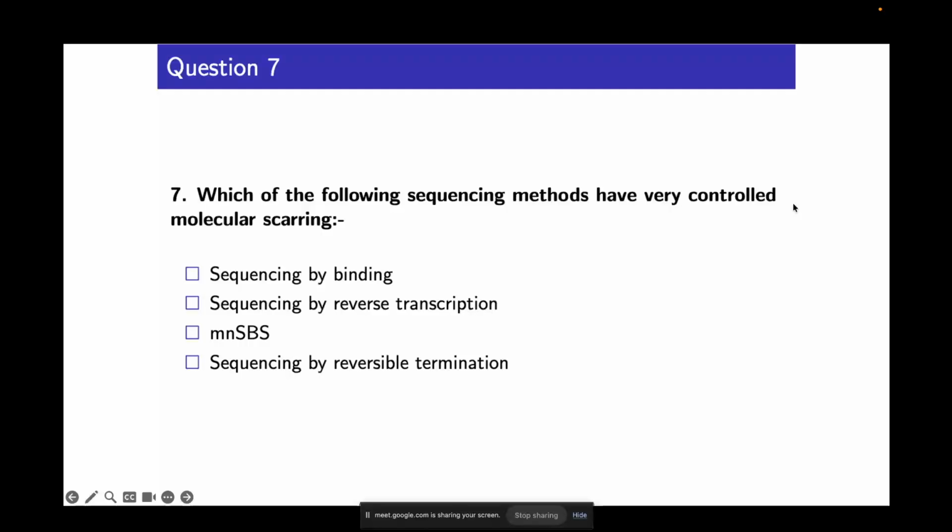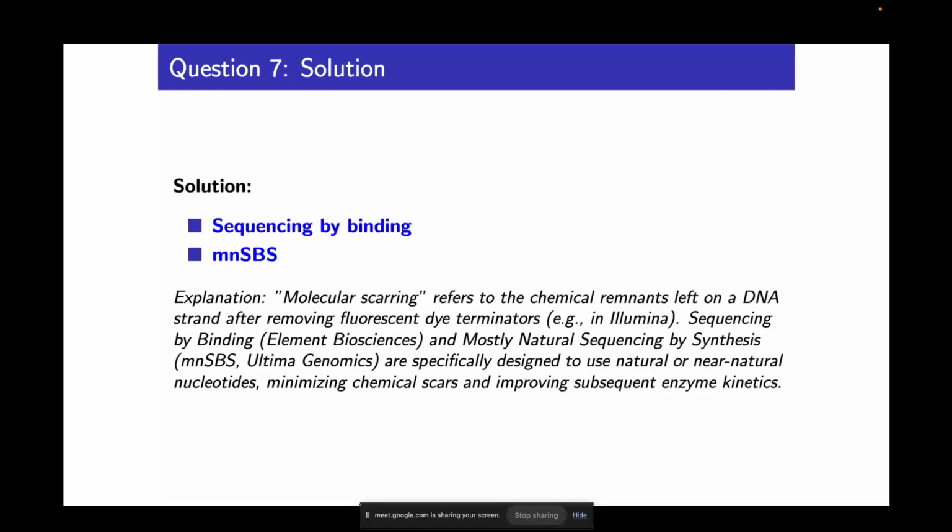The question is, which of them have controlled molecular scarring, meaning less molecular scarring? So sequencing by binding, that's its whole USP, that you won't have chemical remnants on a DNA strand after removing the fluorescent terminators. And mostly natural sequencing by synthesis, which is by Ultima Genomics.